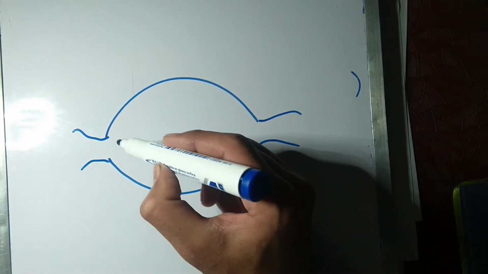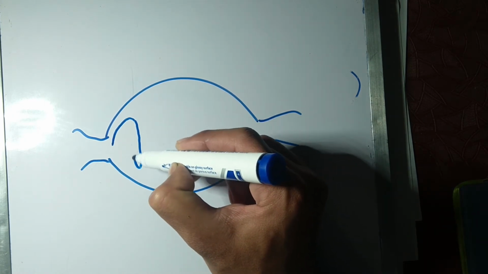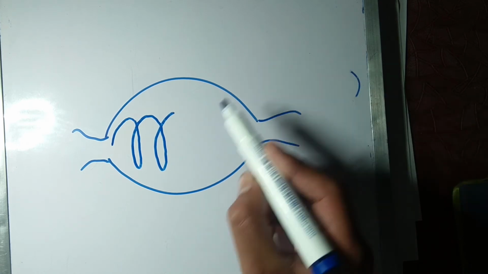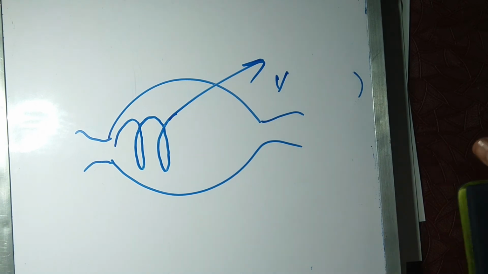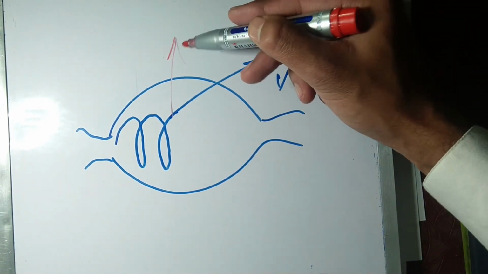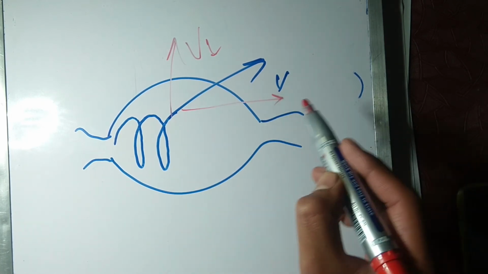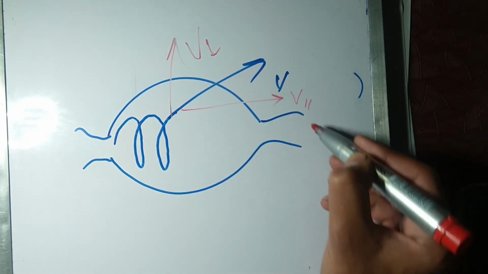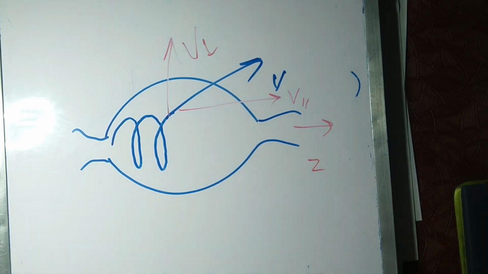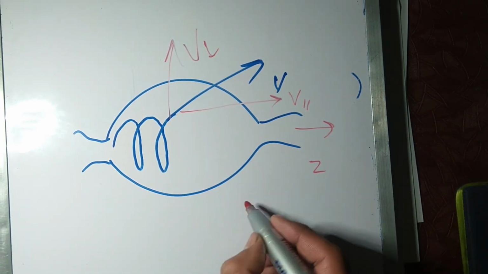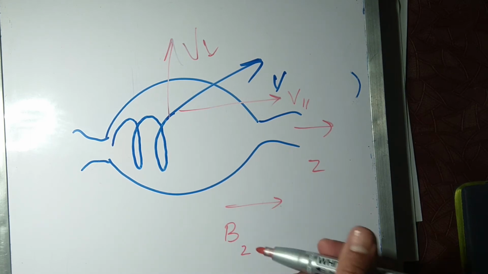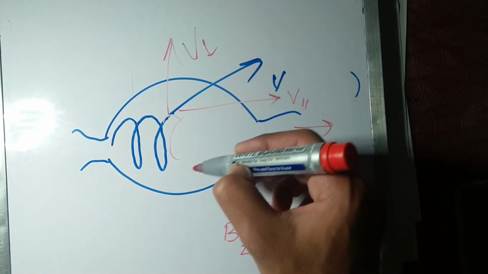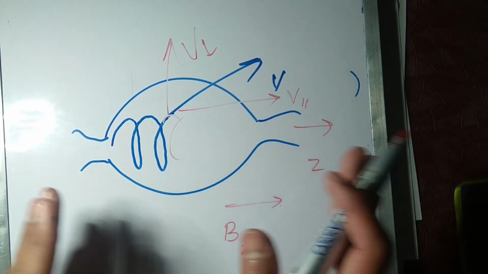A charged particle enters here and has two components, V perpendicular and V parallel. This is the Z axis. B of Z is applied toward this, and our gradient is also parallel to this B of Z. I'm not drawing all of the gyration; let's not talk about that.